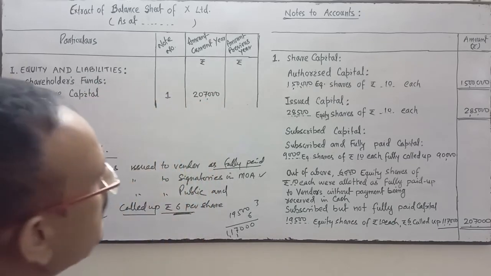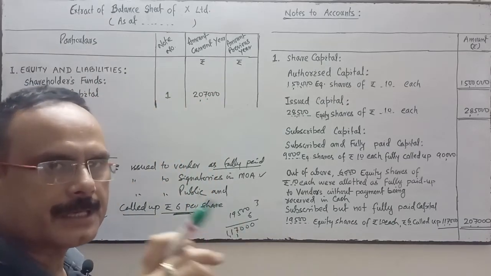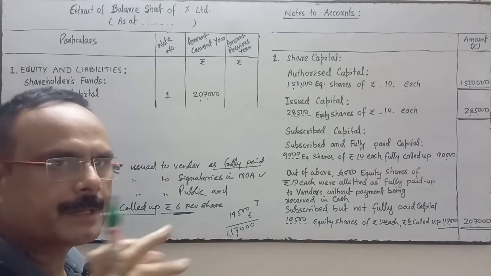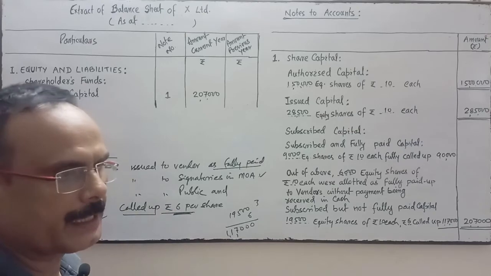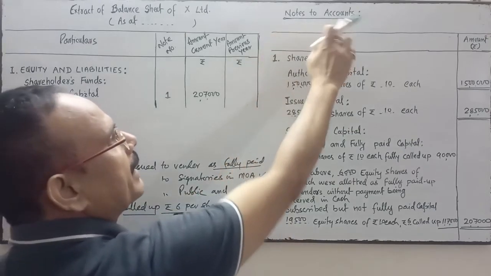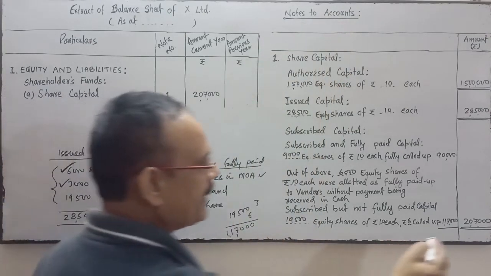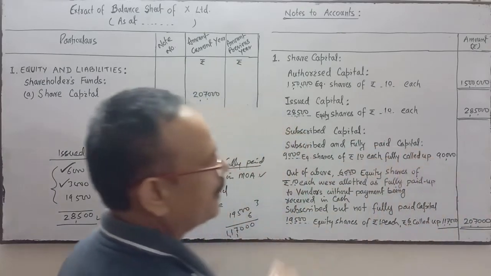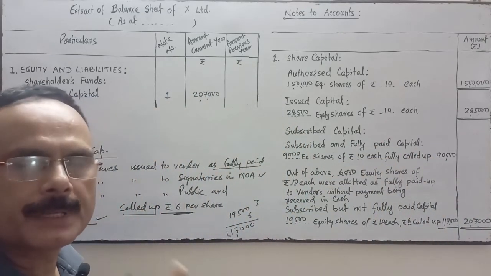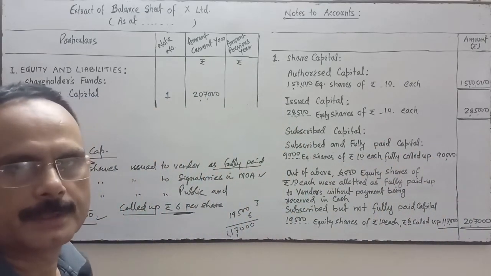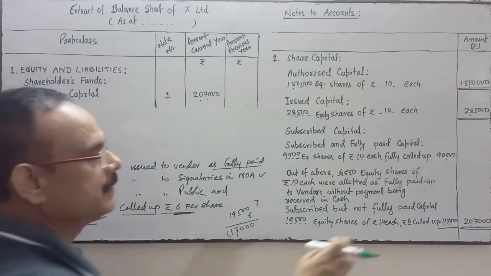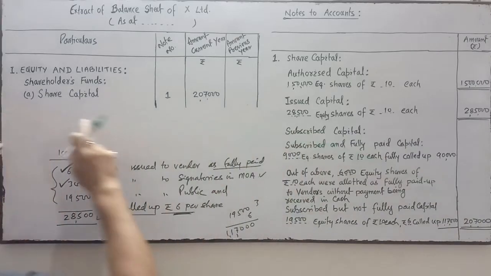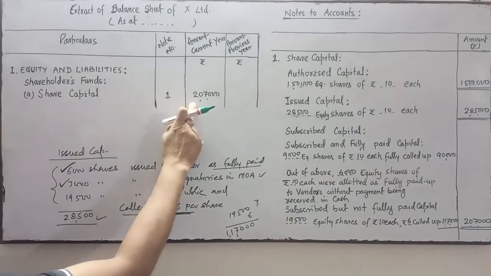So all the details regarding the authorized capital, issued capital, subscribed capital, called up capital, all this detail will be shown by us in the notes to account. And the finally called up figure, the amount the company has received, the paid up amount paid by the shareholders, this amount we will write in the share capital.